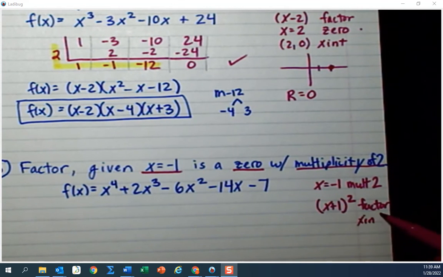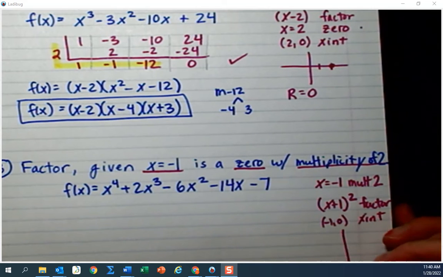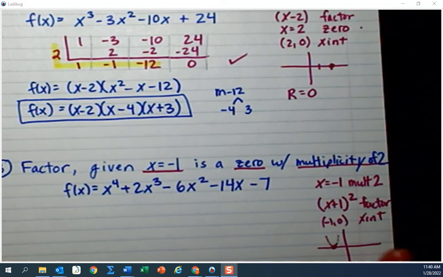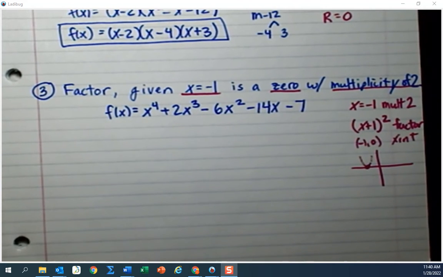What would the x-intercept be? Anyone? Yep, negative 1, comma 0. I'll tuck that on the graph. And I don't know what it would look like, but it should bounce, right? I just don't know much else about the graph, but it should bounce at that particular spot.